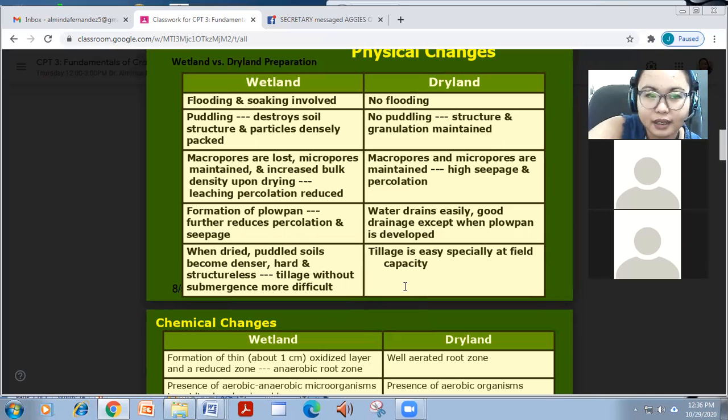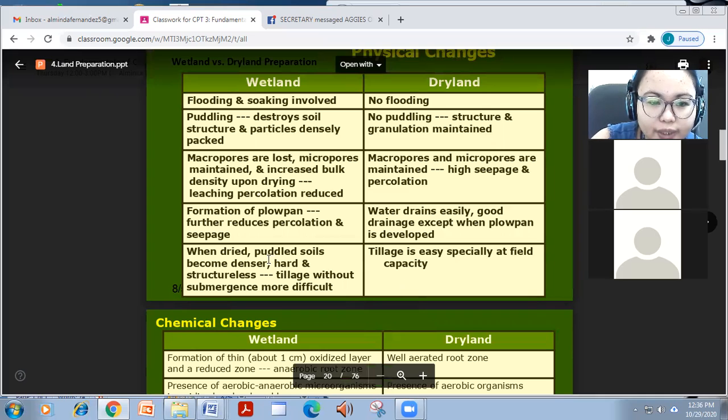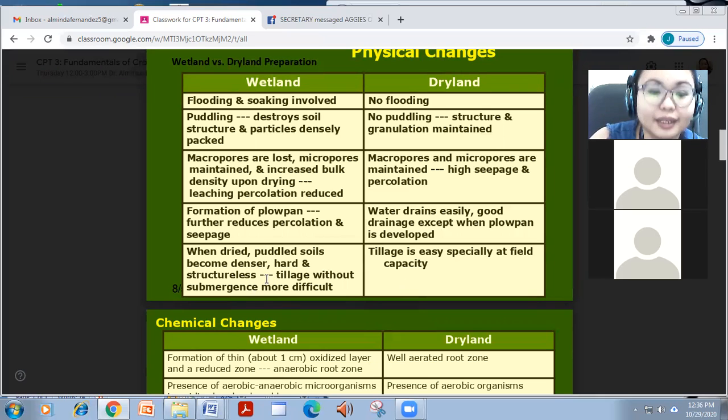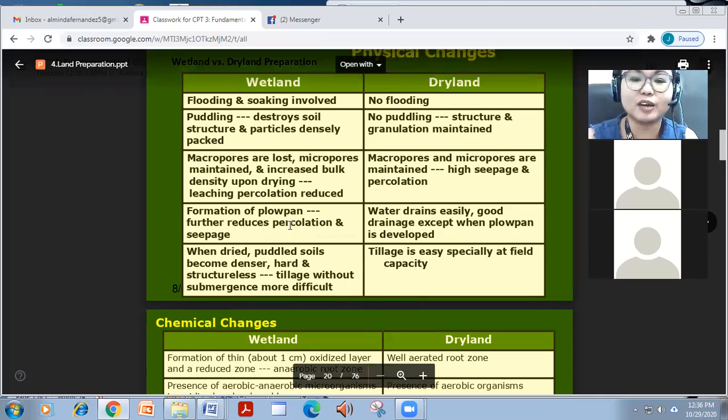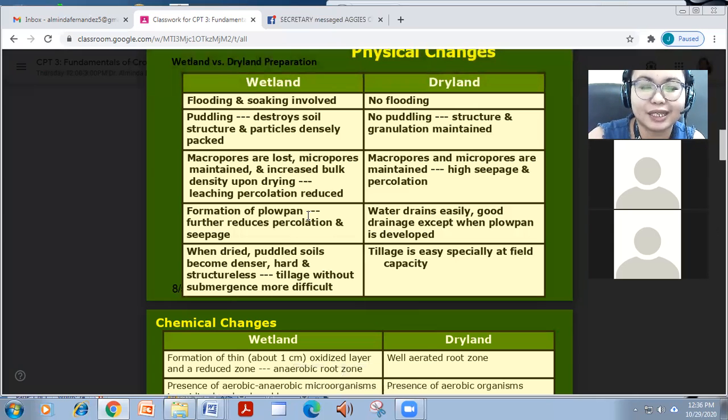it's one of the most challenging activities in planting actually. And also for a wetland, when dried, I forgot to explain. The plow pan is what you feel in the paddy, and you can no longer sink in because the clay level in the soil has hardened and water cannot penetrate downward.